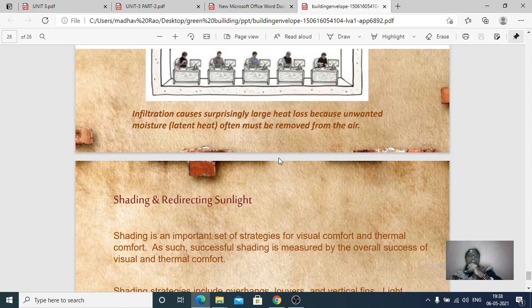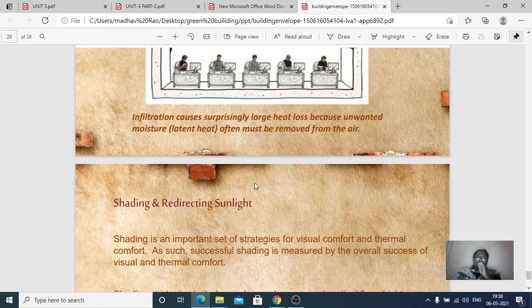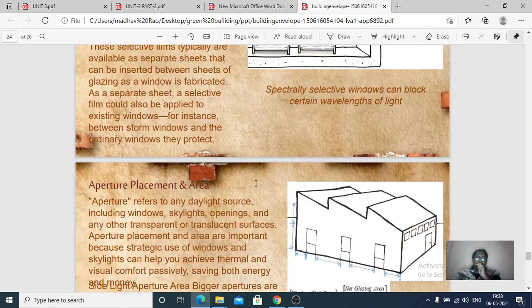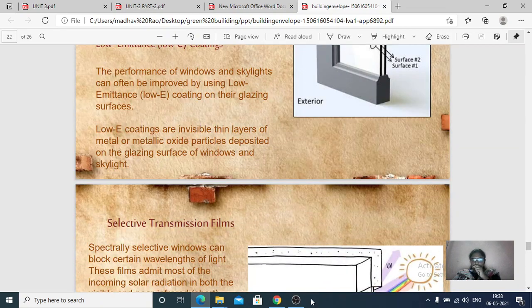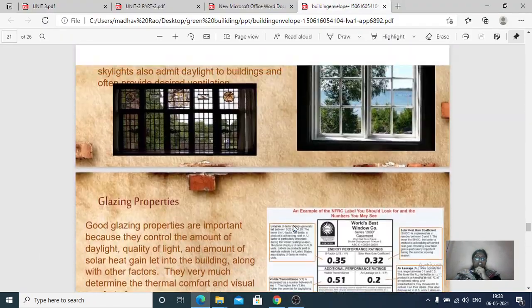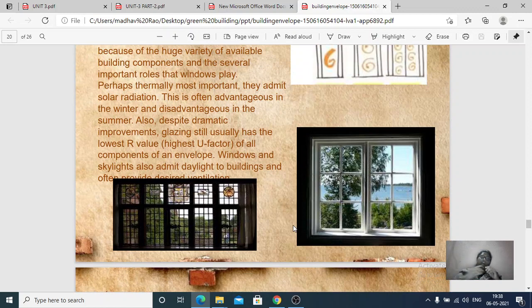So, redirecting of sunlight, wherever we are using the solar panels here, we have used all the R values and U values, and we have used methods of reducing energy loss and reducing energy usage for lighting and other purposes.